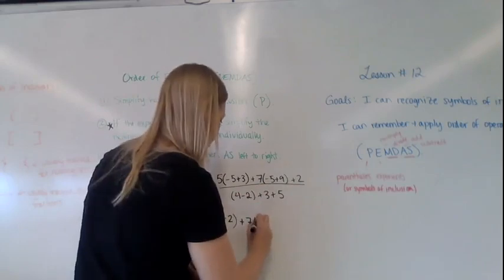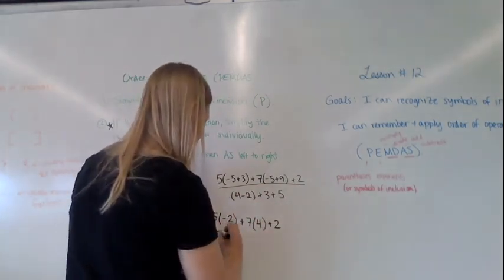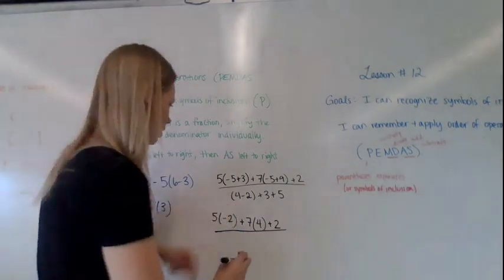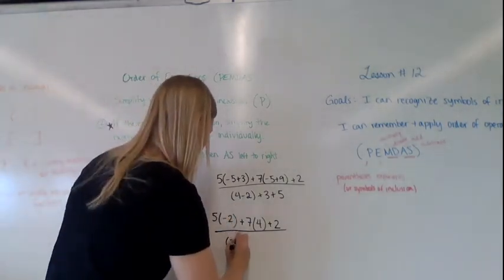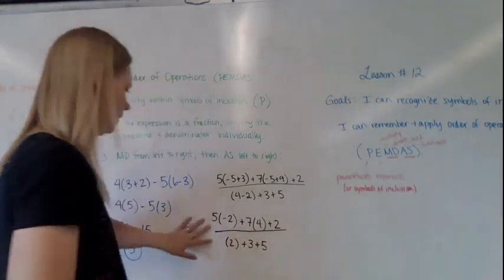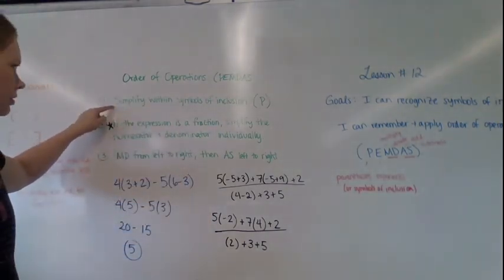So negative 5 plus 9 is 4. And then I'll just copy the plus 2 for right now. Then in the denominator, in parentheses, we have 4 minus 2, which is 2, plus 3 plus 5.